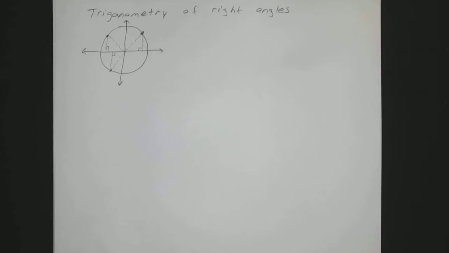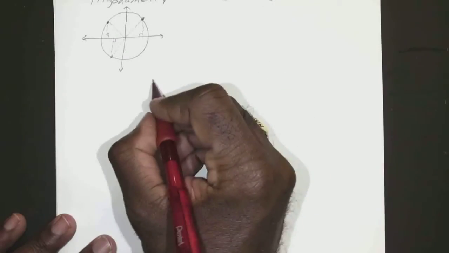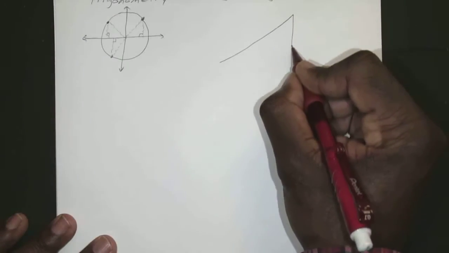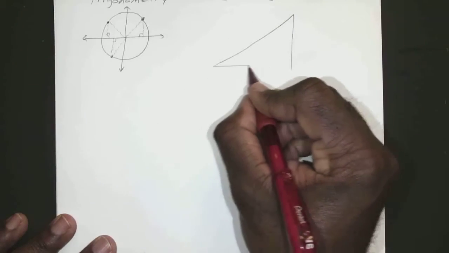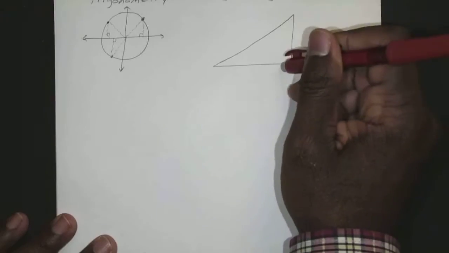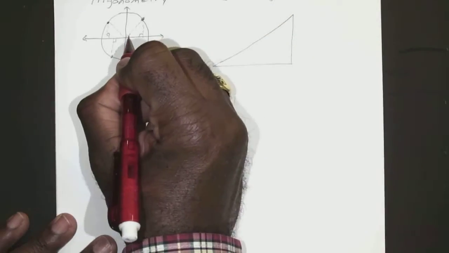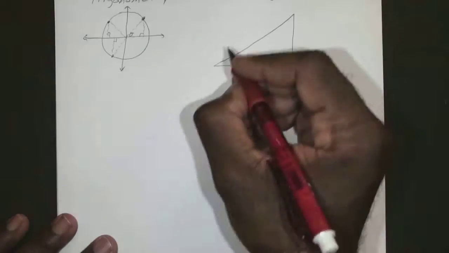Okay, so we just use that to figure out how to solve our cosine and sine values. So let's say we just start with the quadrant 1 right triangle. Clean that up a little bit. Because in quadrant 1, that would be your theta.